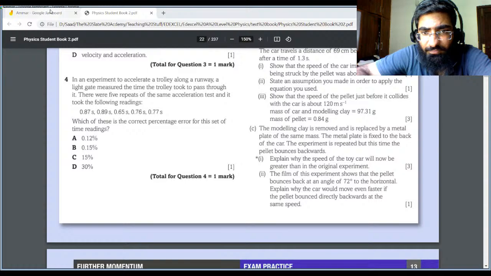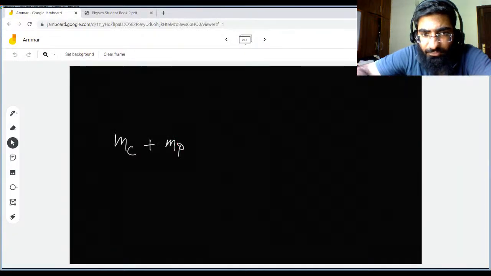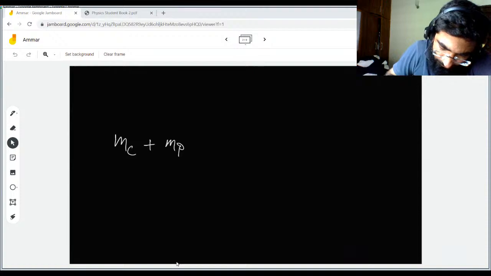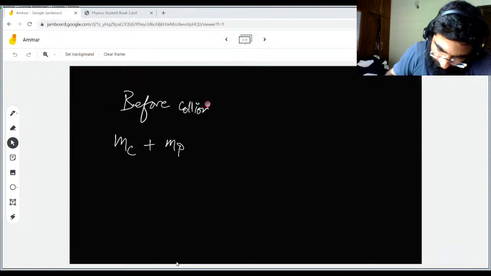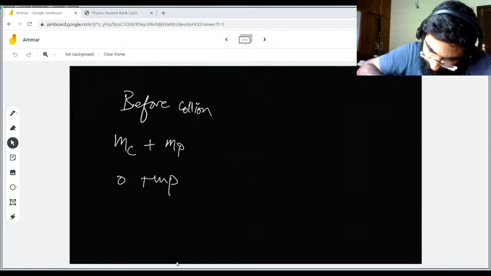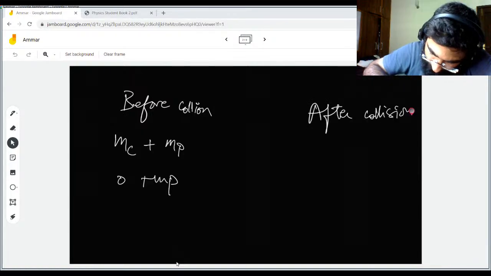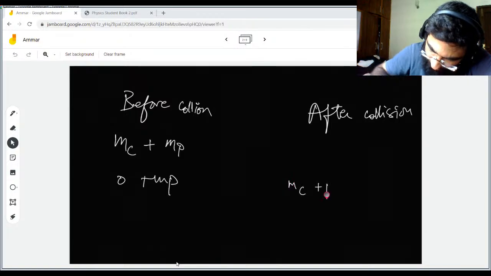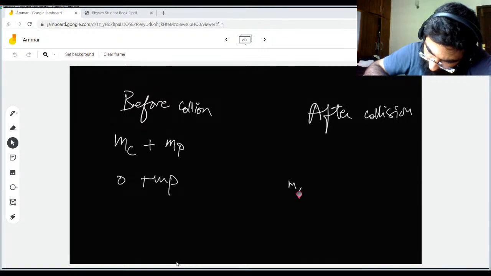Before collision it was the momentum of the pellet, and after collision the car plus pellet became one body. Now what is happening?